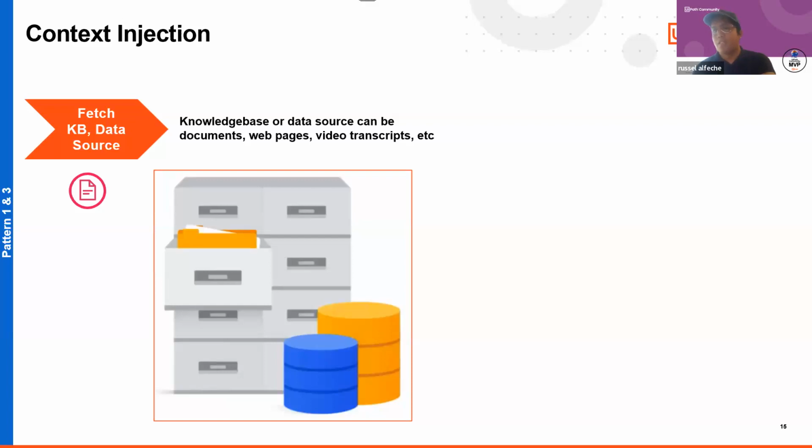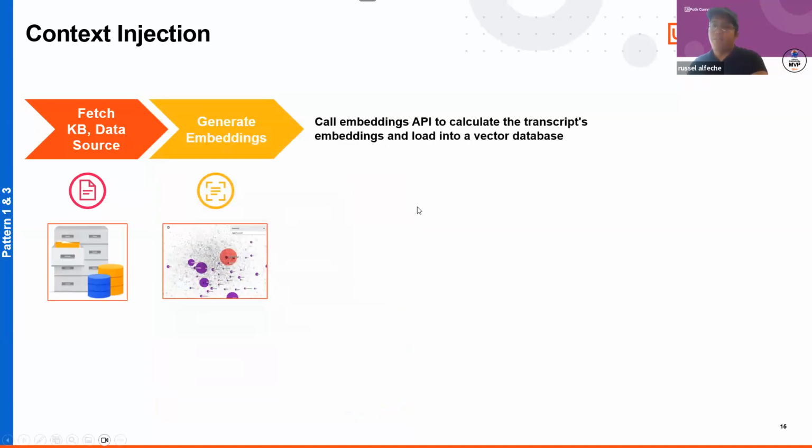I'd say it would be gathering data from multiple sources. It can be documents, it can be databases, it can be web pages, video transcripts, right? And being able to convert or create a vector database by converting these chunks of text within the transcripts into what we call embeddings, as I have shown you.